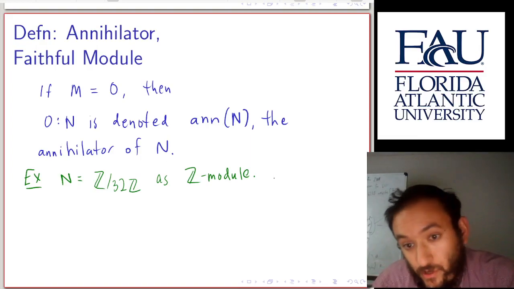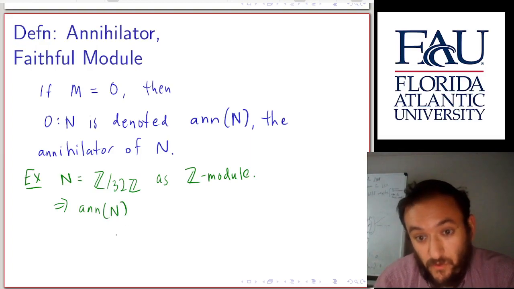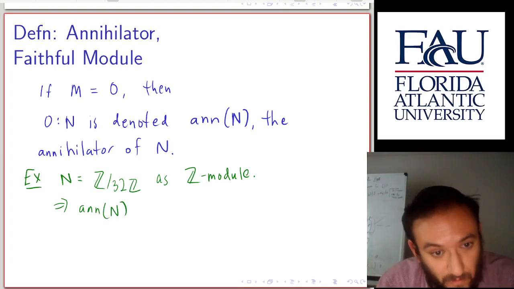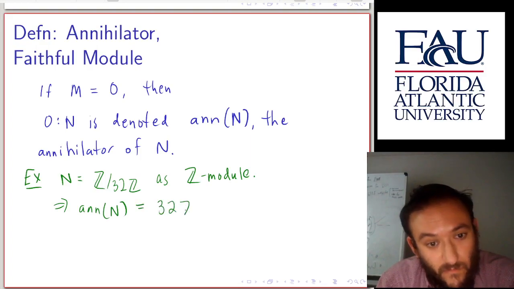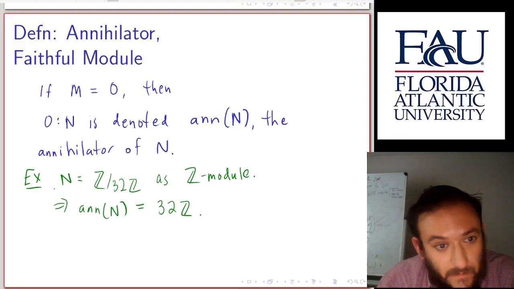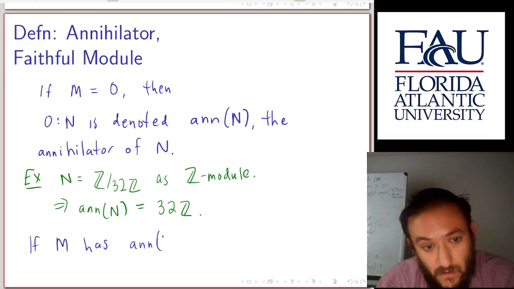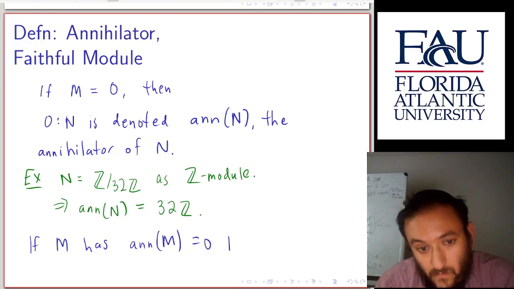Then 32Z would be the annihilator, because whenever you multiply anything in the module N by a multiple of 32, it immediately goes to 0. So if M is a module with the annihilator equal to the 0 module, then M is called a faithful module.